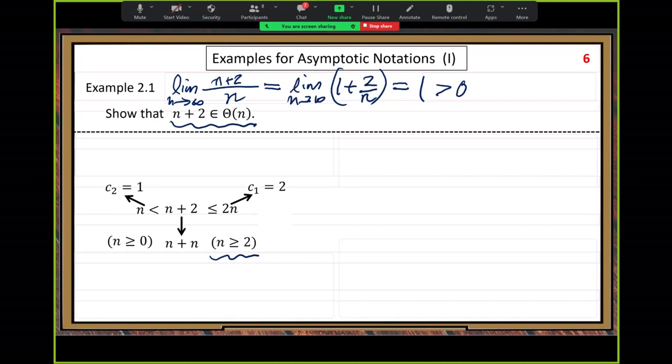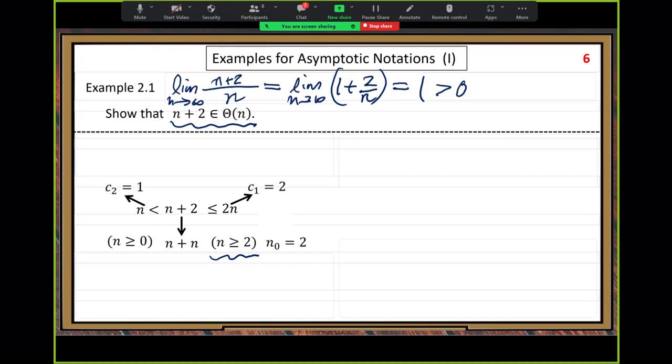In order to make both side inequalities true, we choose the larger n0 value. So n0 is 2. C1 constant, we find it. C2 constant, we find it. And n0, that vertical line, we also find it.